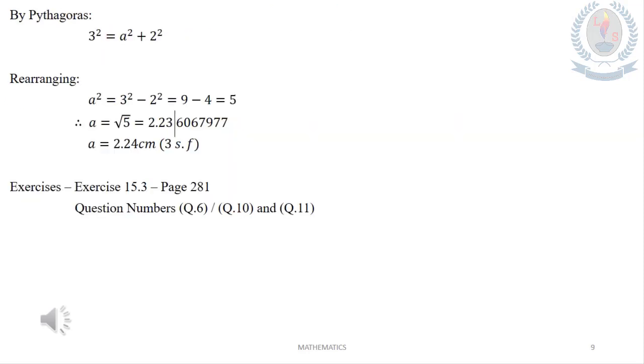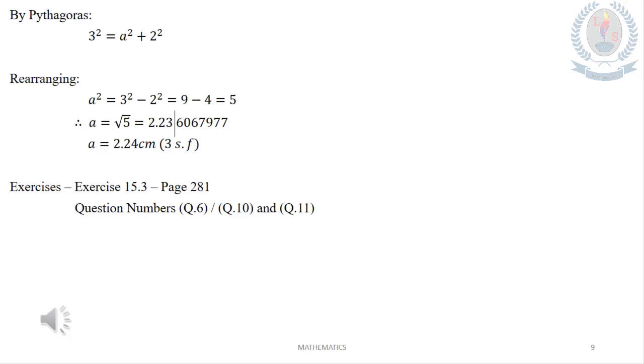Slide number 9. By Pythagoras, 3 squared equals a squared plus 2 squared. Rearranging, a squared equals 3 squared minus 2 squared, which equals 9 minus 4 equals 5.